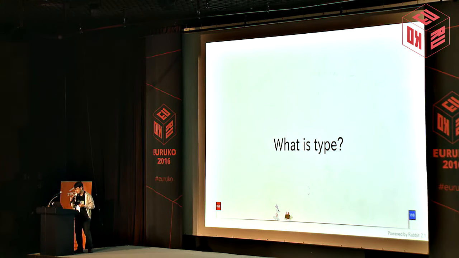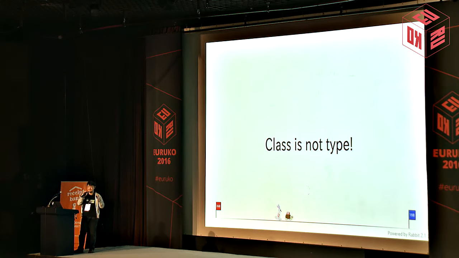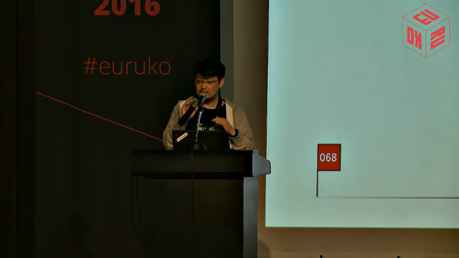Let us think about it. What is a type for a dynamically typed programming language like Ruby? In some statically typed programming languages, the class is a type, right? But for Ruby and other dynamically typed programming languages, class is not type.